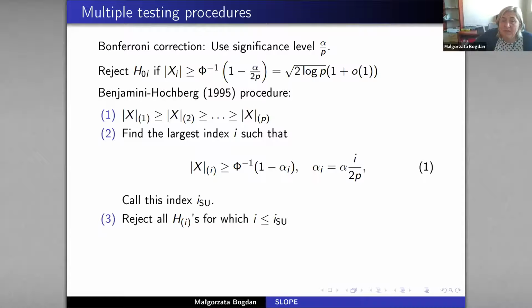There are many statistics which you can transform to this form so that it has an asymptotically normal distribution. So you can assume that it has a normal distribution with mean mu i and variance equal to 1, and you want to test the hypothesis that mu i is 0.